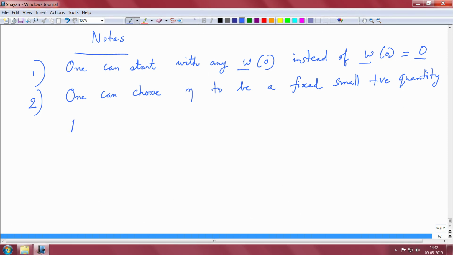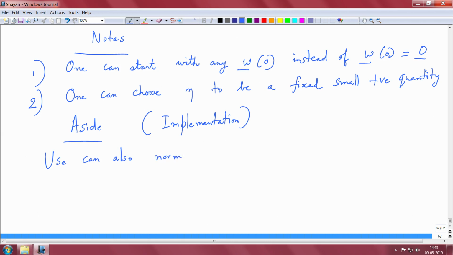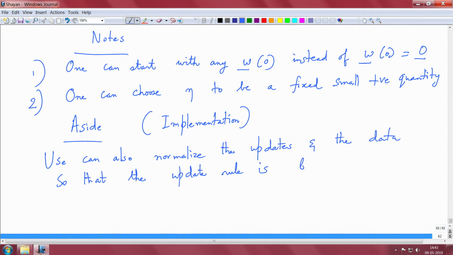So another aside, this is possibly from an implementation standpoint. If you have a large number of data points, you can also normalize the updates and the data so that the update rule is bounded.